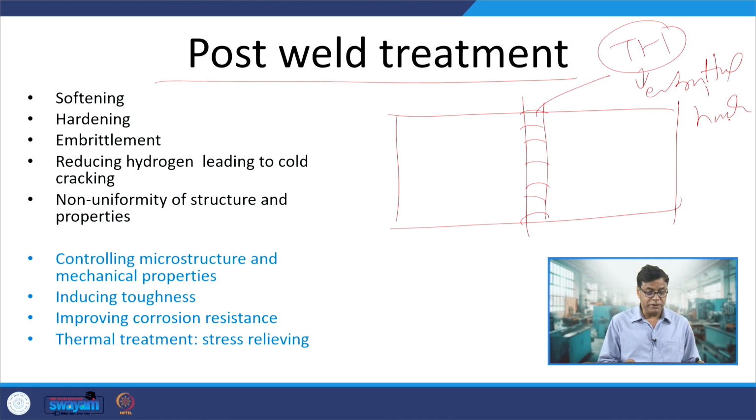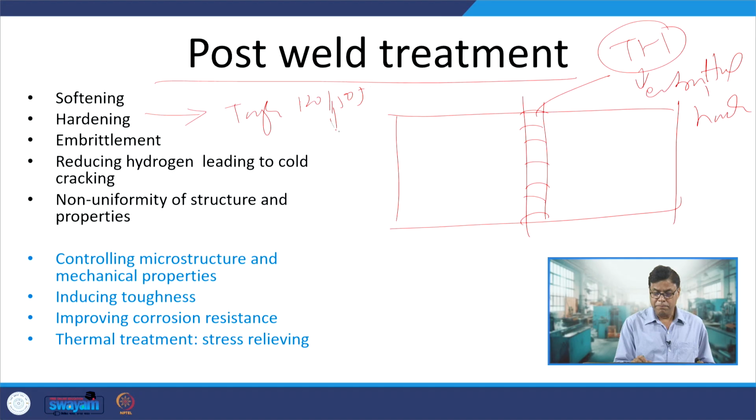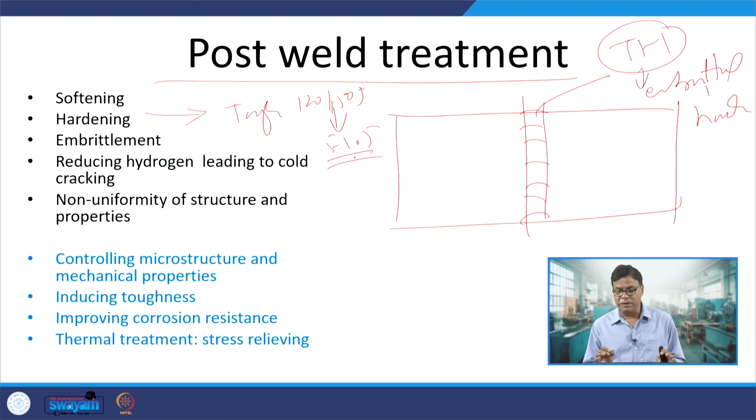Hardening and embrittlement of hardenable steel or cast irons is so high that they lose toughness very badly. Like steel which had a toughness of 120 or 150 joules may have just 5 or 10 joules after welding, meaning its resistance to impact load is very badly compromised. Therefore, it becomes important that toughness is induced.